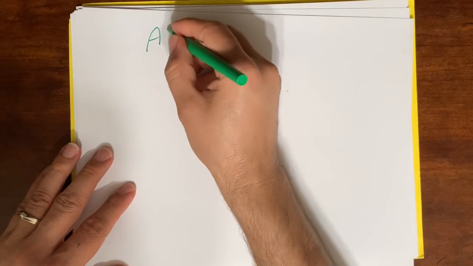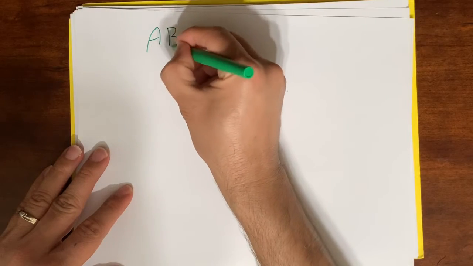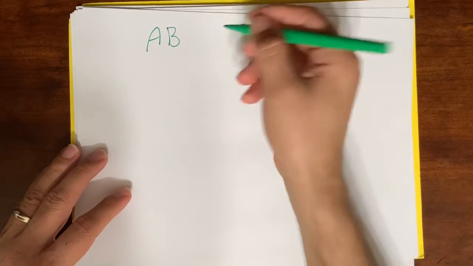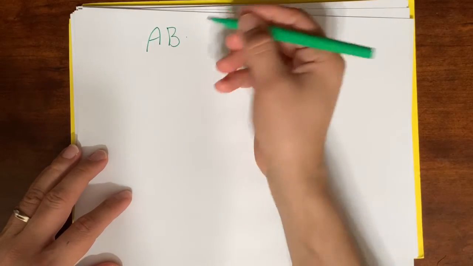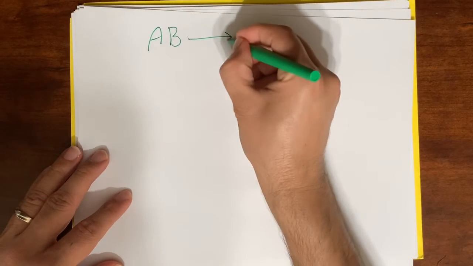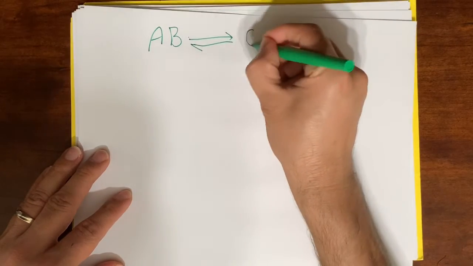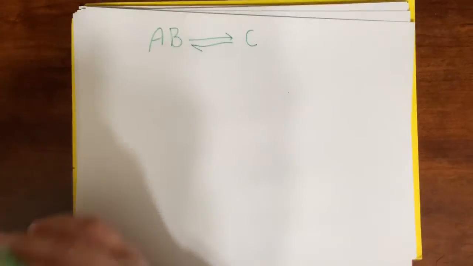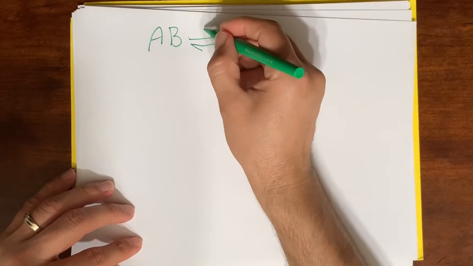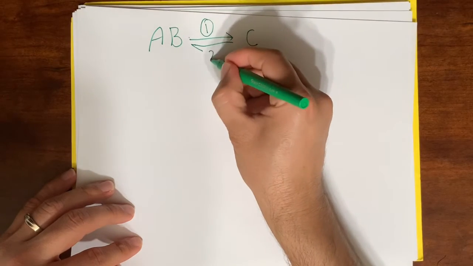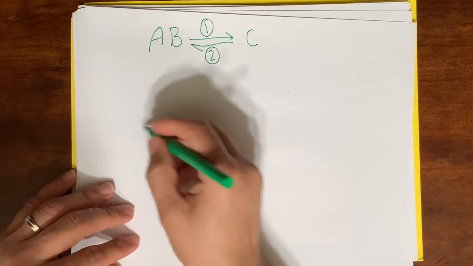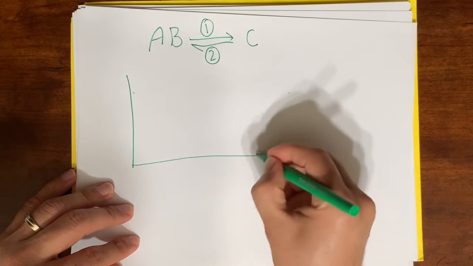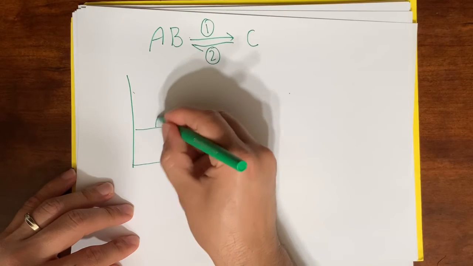Okay, let's say AB is in equilibrium with C, and we have a forward reaction and a reverse reaction. So we start with AB.